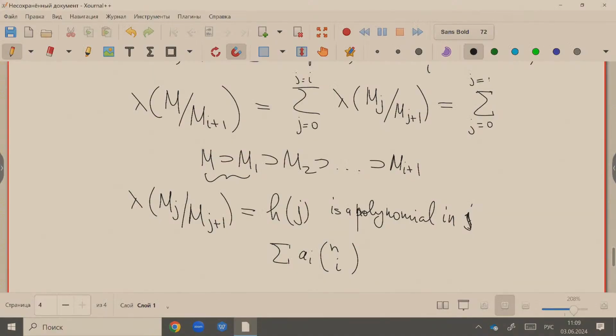And the claim, the theorem, is that it is a polynomial of degree h plus 1. That is, discrete integration.